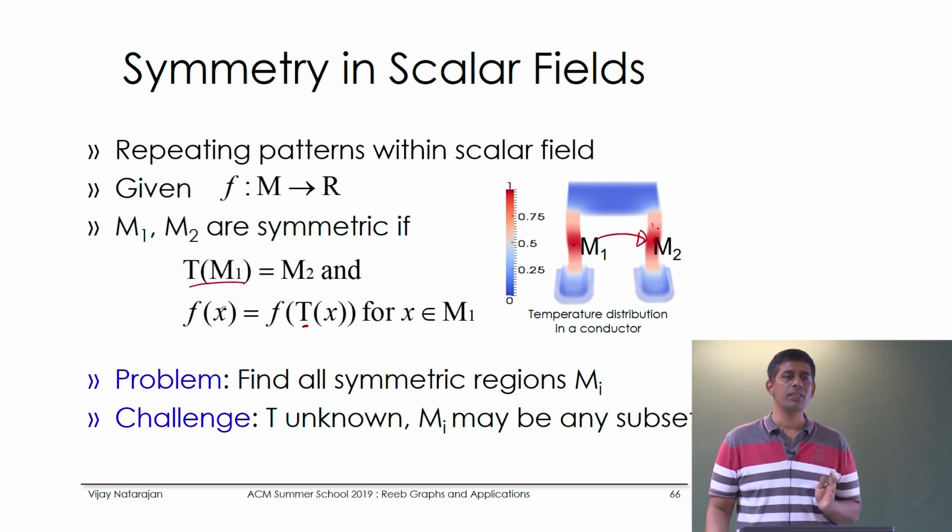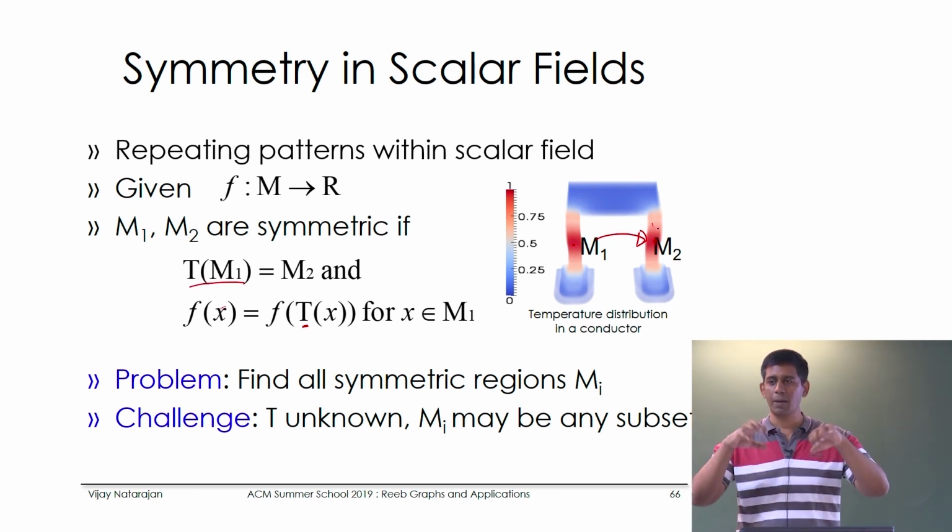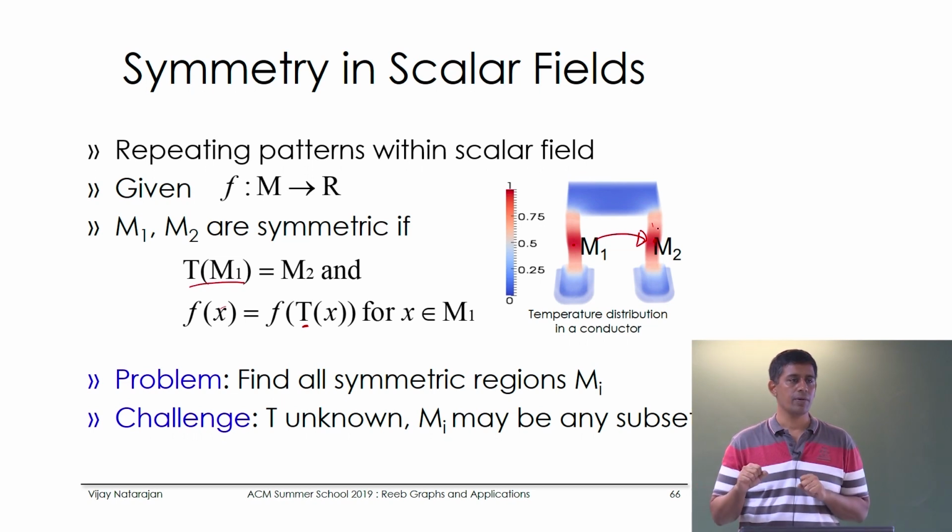And the way this is done is by finding isomorphic or similar subtrees. You take the contour tree and you find subtrees that are equivalent to each other. And in graphs, we know that there are nice algorithms to find similar trees. Then we use that property to find this symmetry.